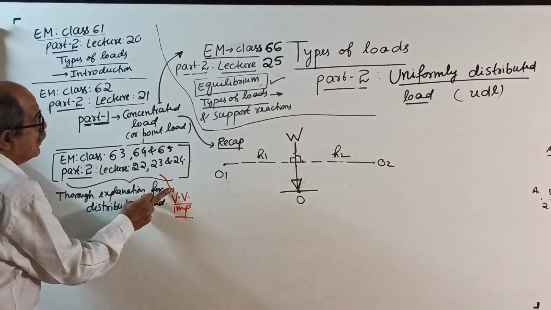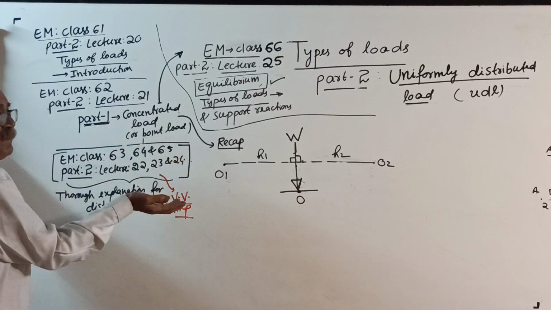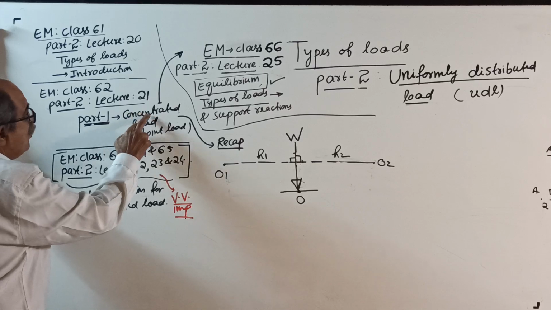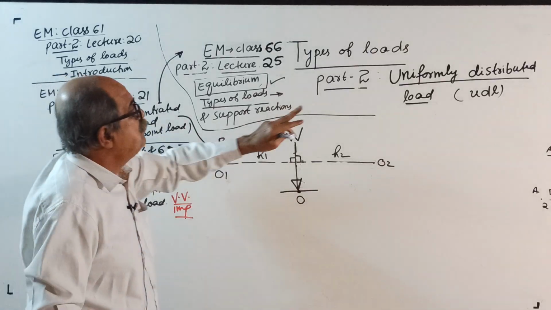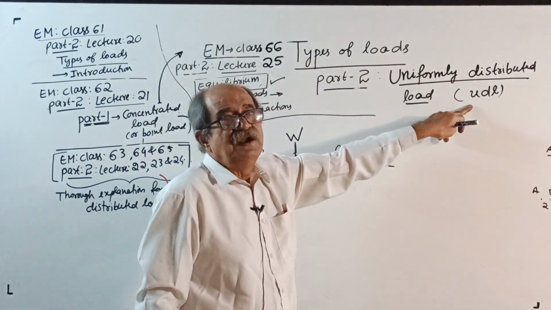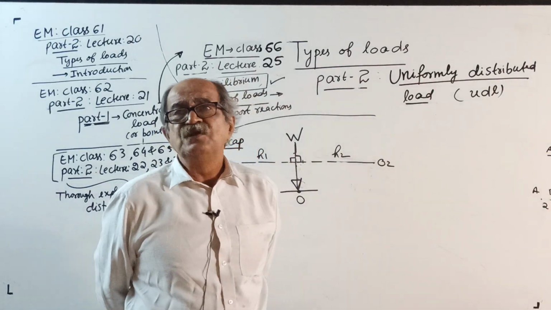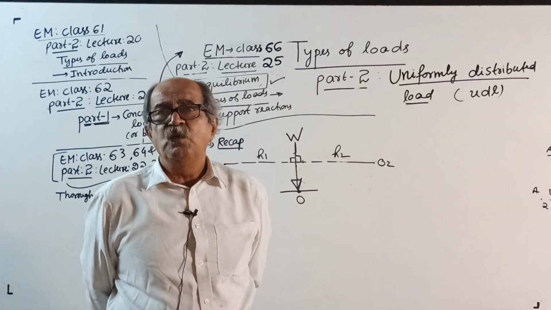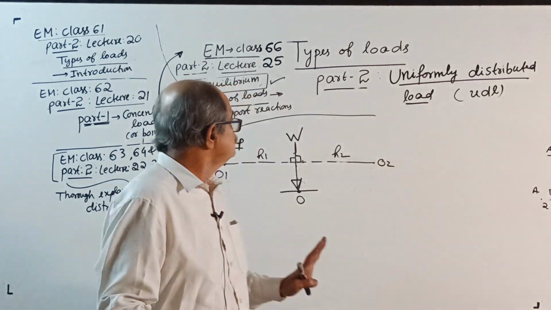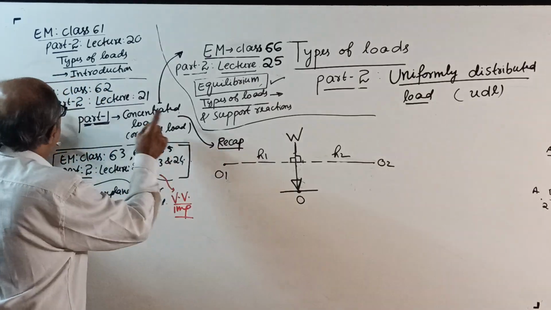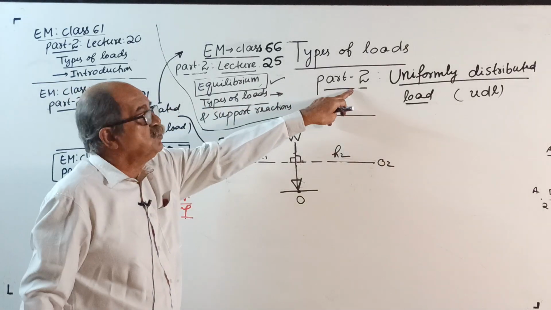So once this is over, now remember, as far as types of load are concerned, part 1, concentrated load, is over. Now we are going to part 2, uniformly distributed load. Because here I consider not only load, also moment, etc. That is what you actually require later. Today we are starting part 2.